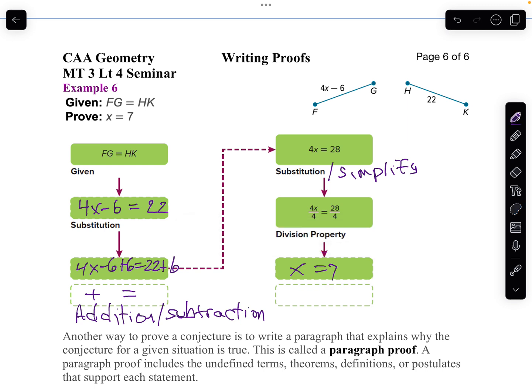My reason is going to be, like I said, substitution or simplify. You don't have to write both, but usually I make it a multiple choice or a pull-down menu or a matching type of thing for you to do. And that is going to be, we're done. You don't have to write QED, but I'm going to.